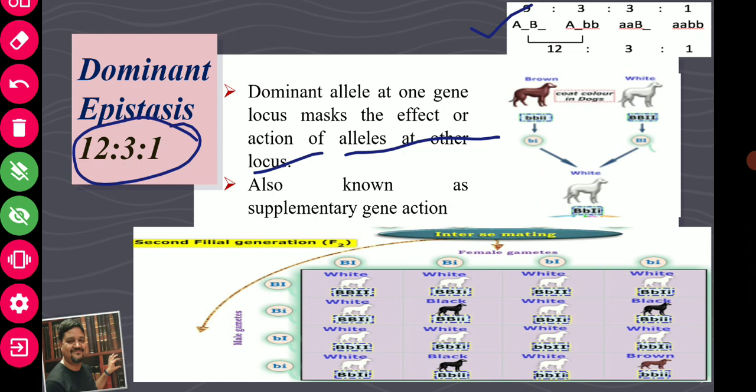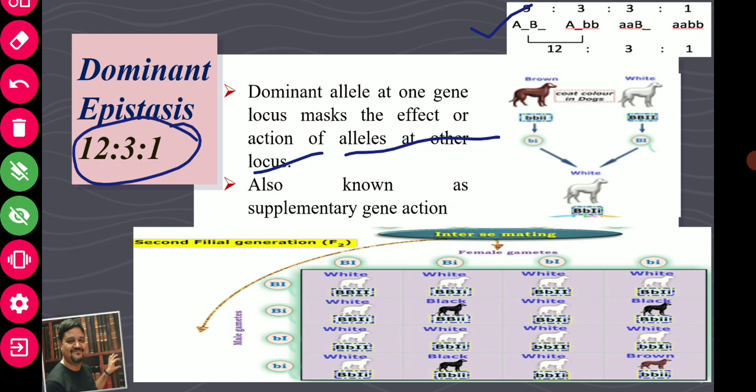At the A locus, A will mask the effect present at the B locus. When A is in dominant position, it will control the B locus also. So that's called dominant epistasis.